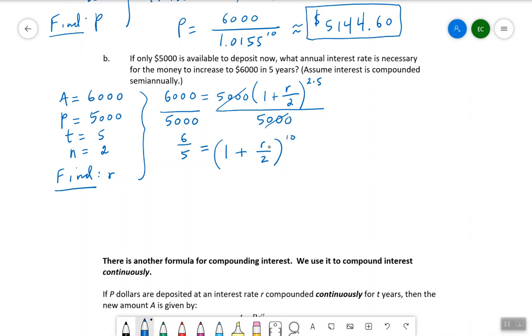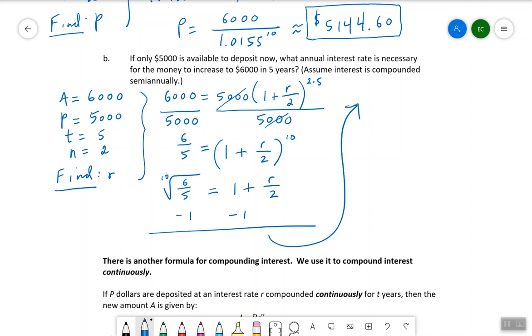And so if we want to isolate R, the next thing we should do is take the 10th root of both sides. So we'll get the 10th root of 6 over 5 is equal to 1 plus R over 2. We can subtract 1 on both sides. The 1s cancel.